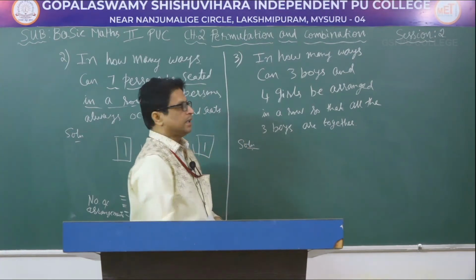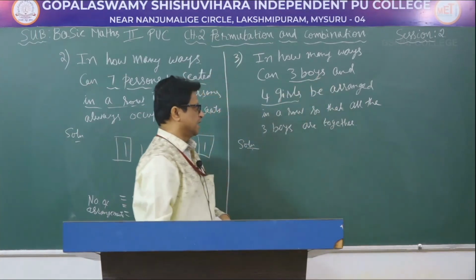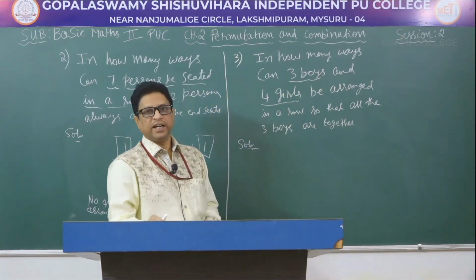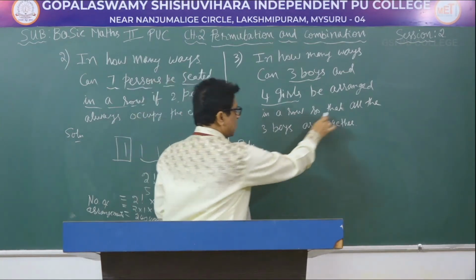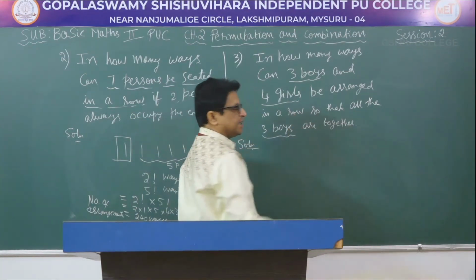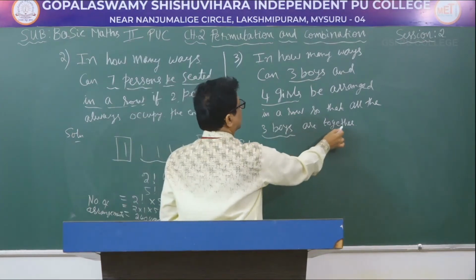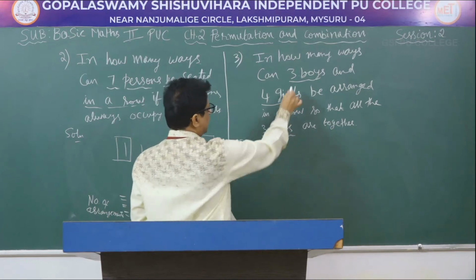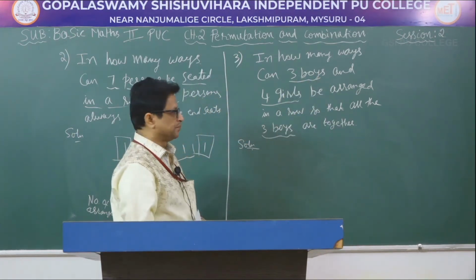So there are 3 boys and 4 girls. They have to be arranged in one row so that all the 3 boys are together. Since 3 boys are together, we consider these 3 boys as one unit.